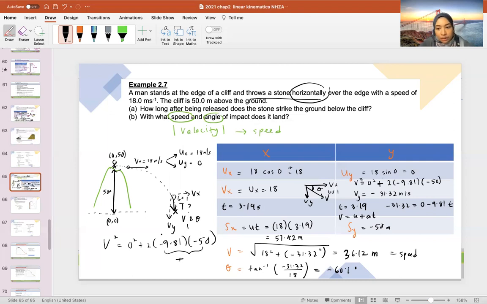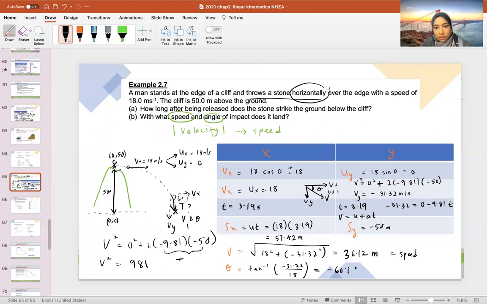And therefore we get, sorry, 2 times 9.81 times 50, you get 981. And this is V squared.